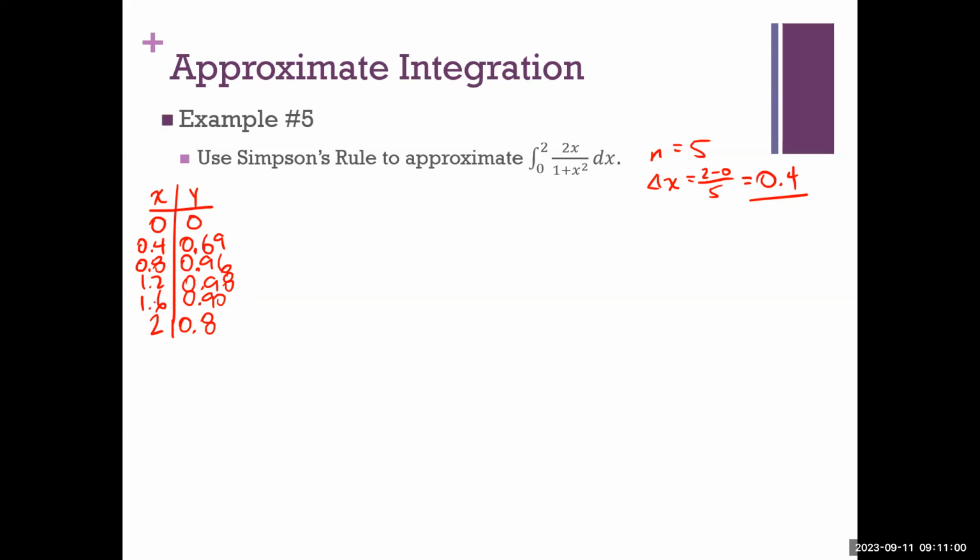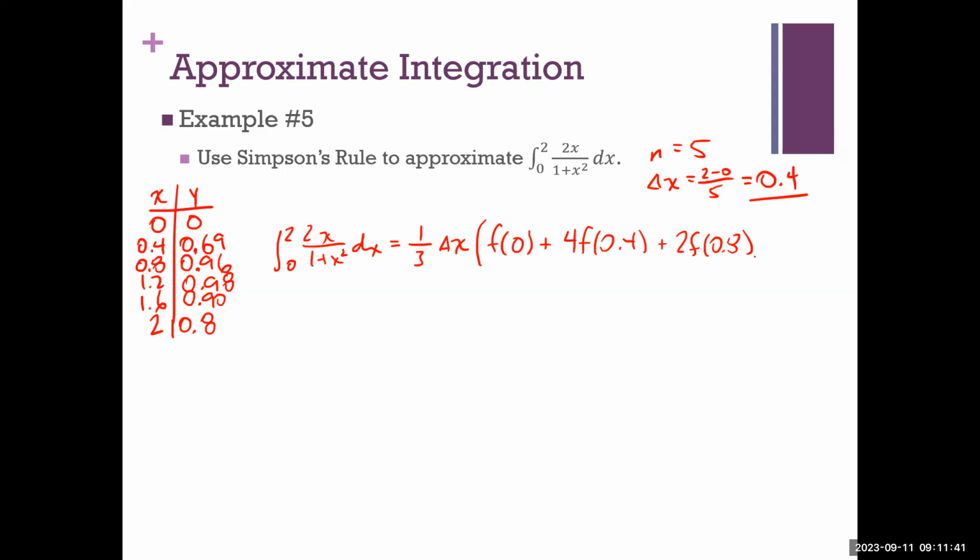All right, so if I want to apply Simpson's rule to approximate this area, the integral from 0 to 2 of our function is equal to 1/3 times our delta x, times f of 0, plus 4 times f of 0.4, plus 2 times f of 0.8.